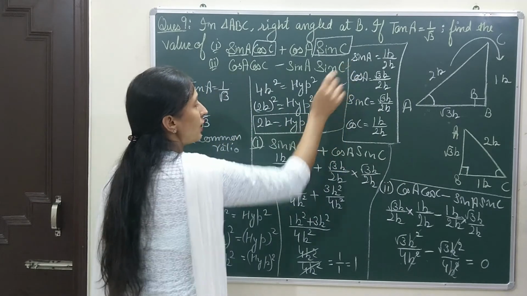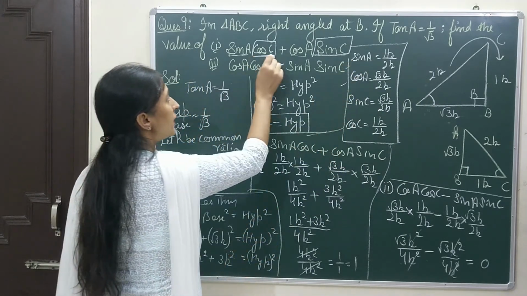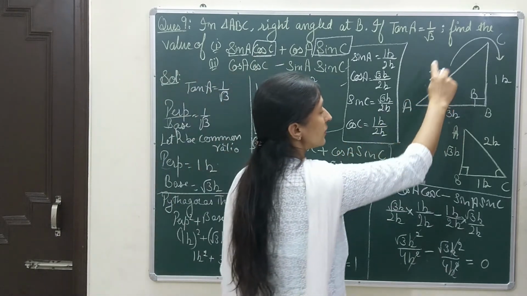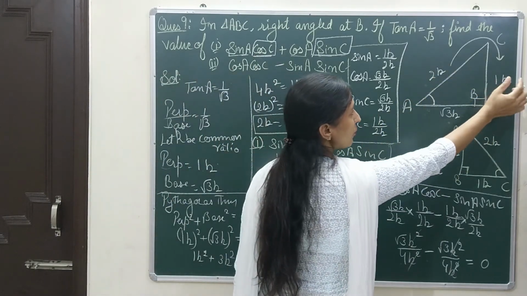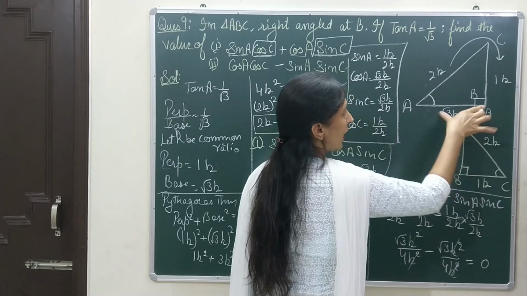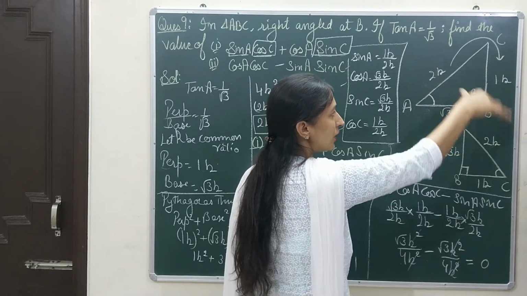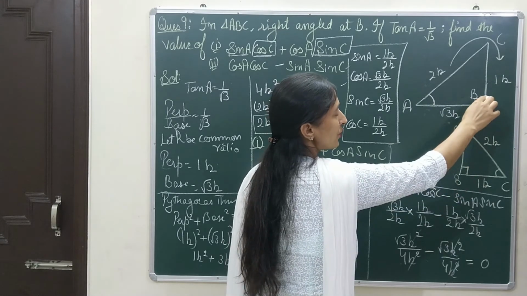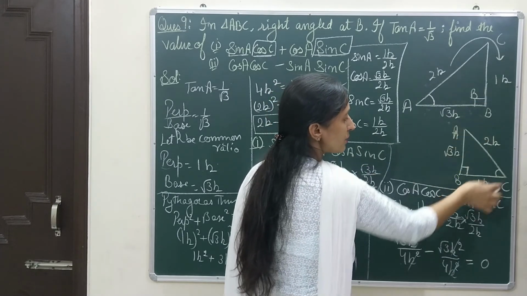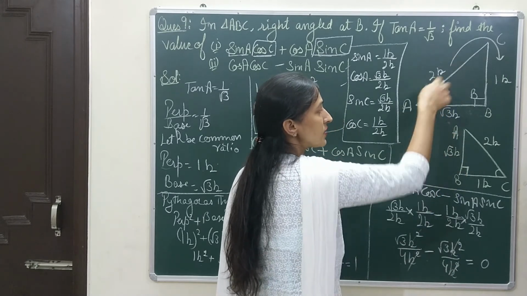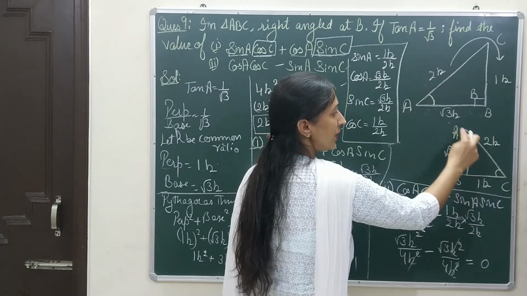I have written those values, but the problem is when we need sin C and cos C. For that I need to turn this triangle. That means I make this perpendicular the base, and this base will become the perpendicular. When I turn this triangle, these two things are interchanged. Perpendicular has become base and base has become perpendicular, but the hypotenuse, being the slanting line, remains the same.